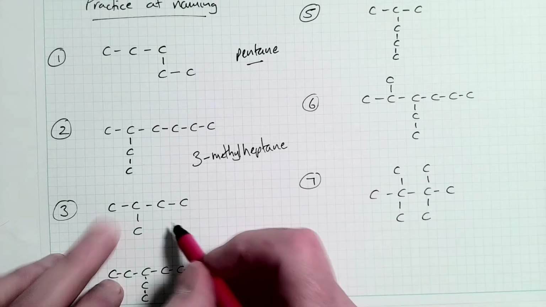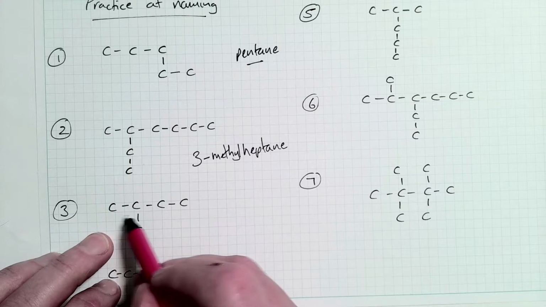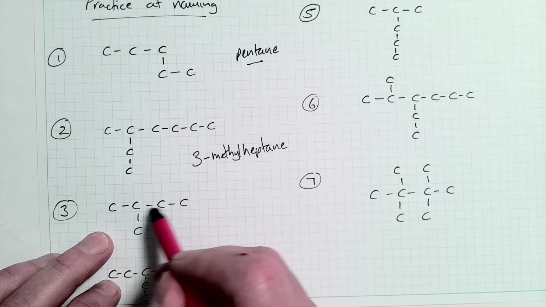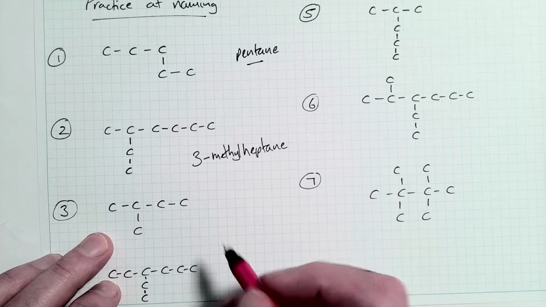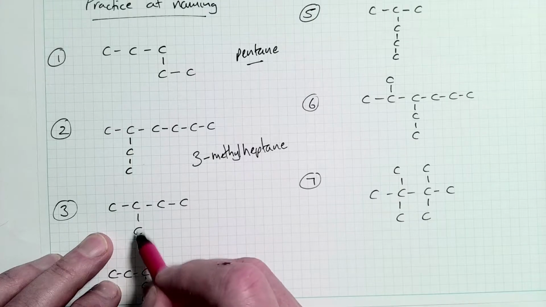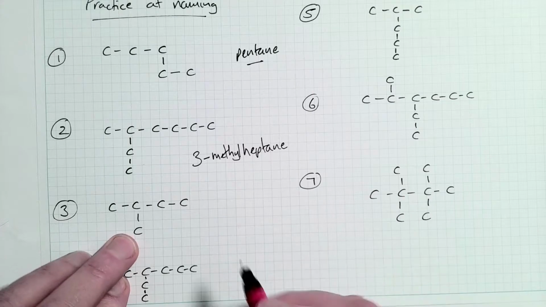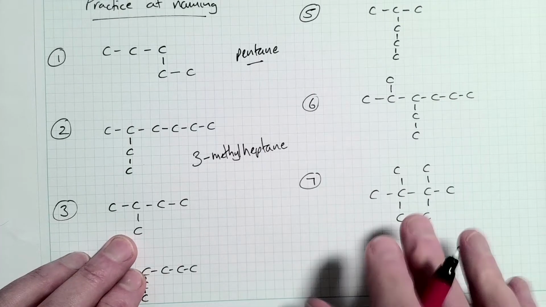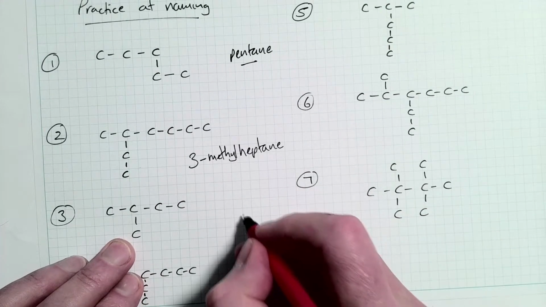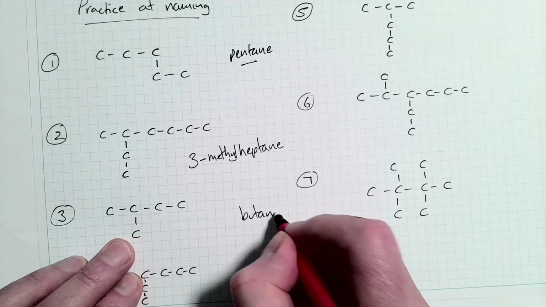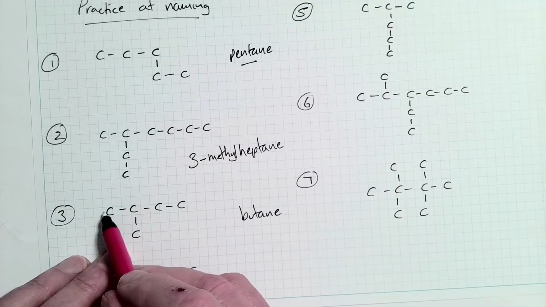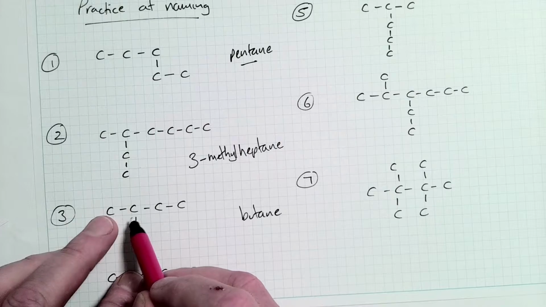Okay? Let's have a look at the next one, number 3. Here we have 1, 2, 3, 4, and 1, 2, 3, and 1, 2, 3, 4. So the most we can get from this is a butane. And again, we have a methyl group on the second carbon, 1, 2, or 1, 2.